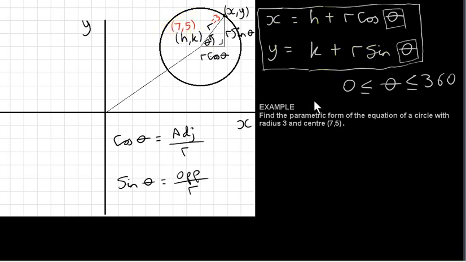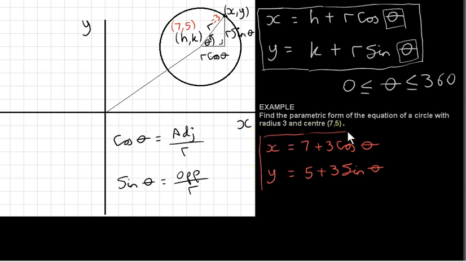So this is straightforward. x equals h, which is 7, plus r, which is 3, times cos theta. To get y, we have k, which is 5, plus r, which is 3, times sin theta. So this is it. These two equations constitute the parametric form of the equation of a circle.